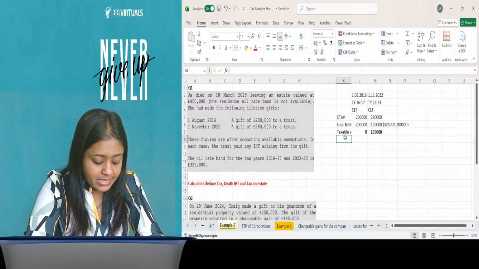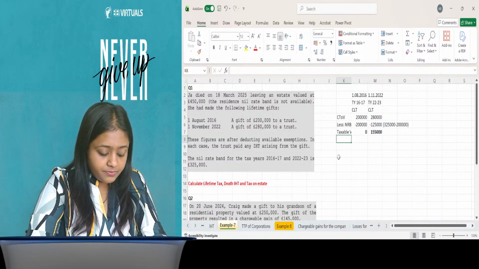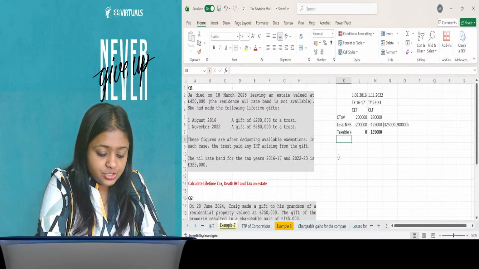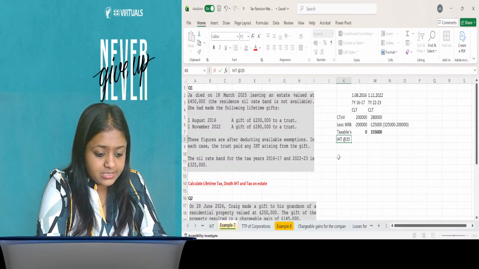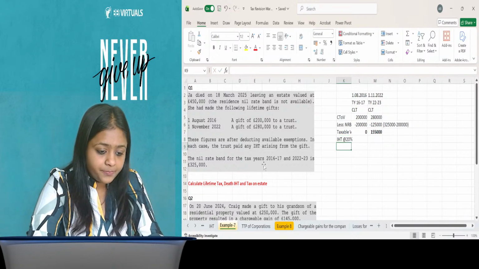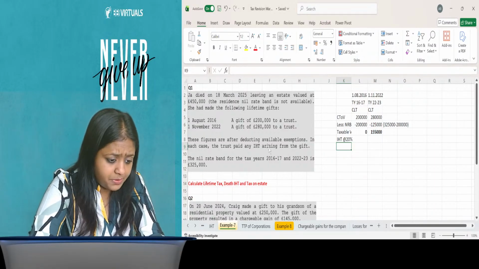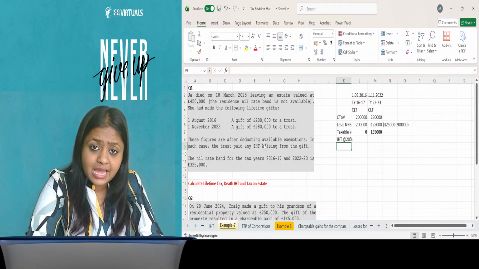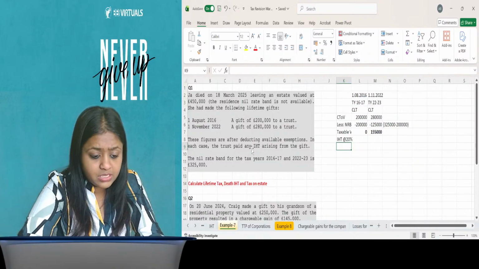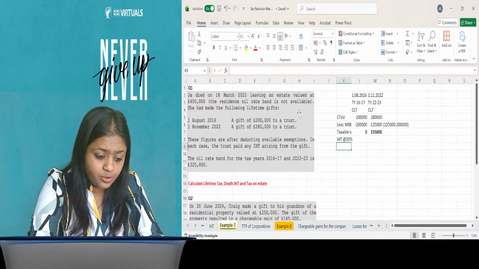Now you know that when it is 155,000, you will be paying IHT at the rate of 20%. The reason is that the tax will be borne by the donee. Since the tax is borne by the donee, you will tax it at 20%.